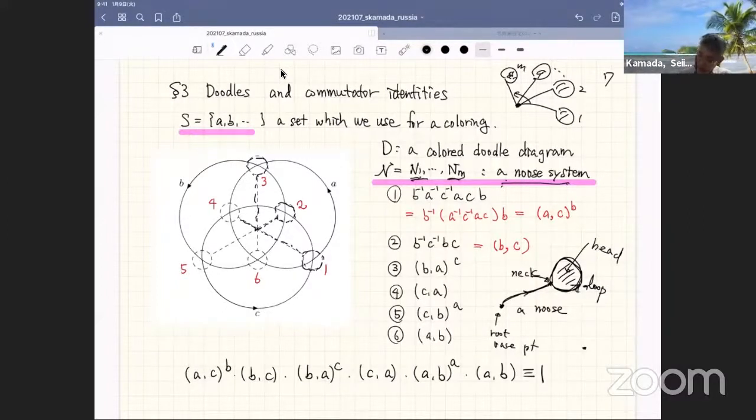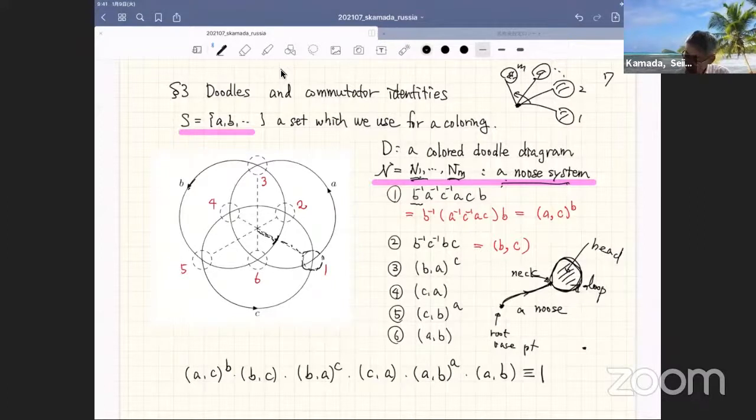If we have a colored doodle diagram and a noose system, then we have a sequence of words in S. For example, consider the first noose. We walk along the noose, turn around the loop, and come back. First, we have an intersection point here, and this component is colored by B. So we put an element B, and the inverse depends on the orientation of this component.